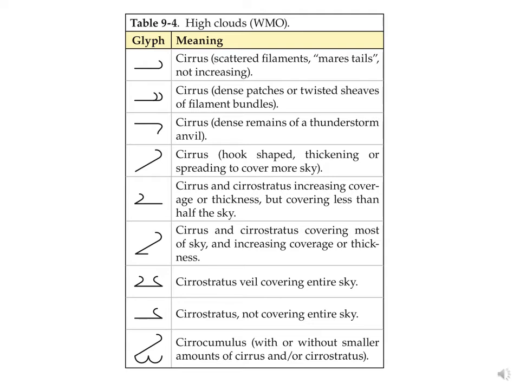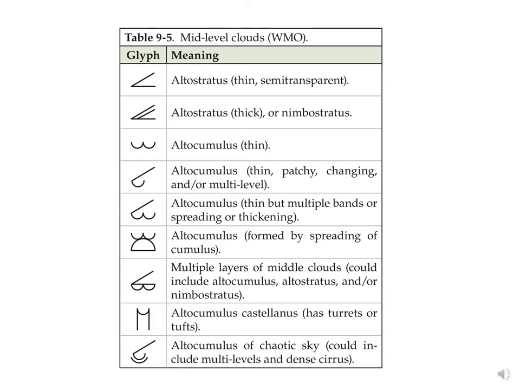And then we have different types of high clouds that could be shown, the different types of cirrus, cirrostratus, cirrocumulus. We have mid-level clouds. And to be honest, I rarely see these, and I don't know most of these, so that's something I would have to look up if I saw these on a weather map.